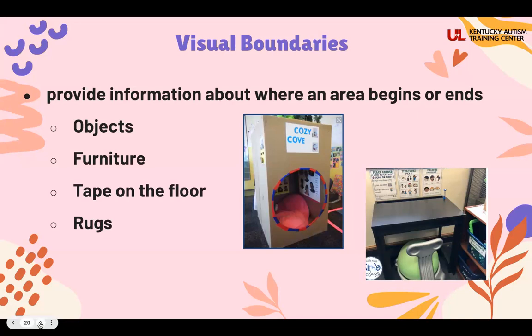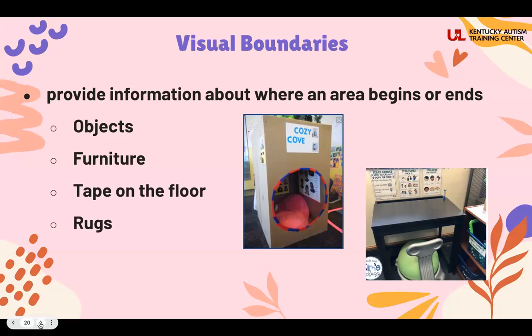In fact, they include a little pre-assessment for you to take in case you're trying to figure out what type of visual support you should provide first, because there may be different reasons why you provide one type of visual support over another. So I'll let you figure that out on your own when you look at it in the resource folder. But let's just create that foundational knowledge about visual support.